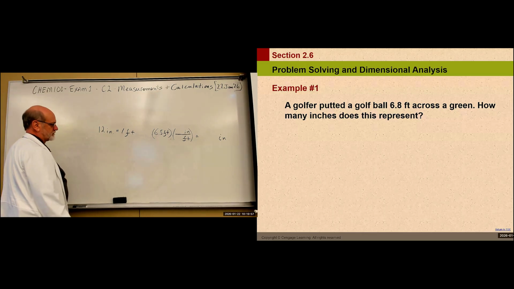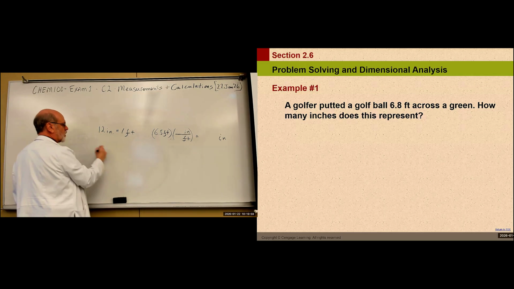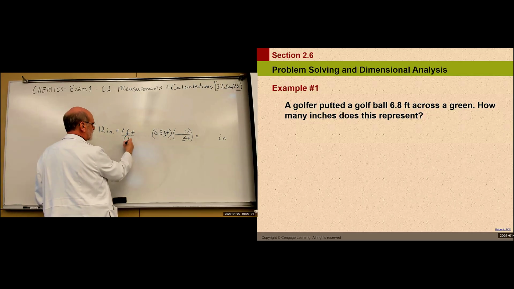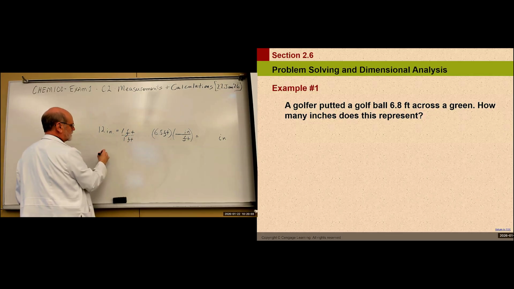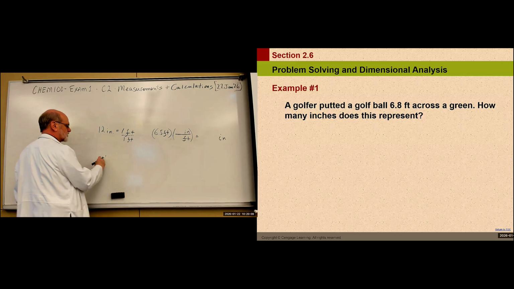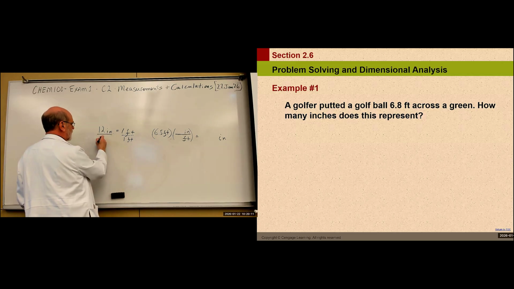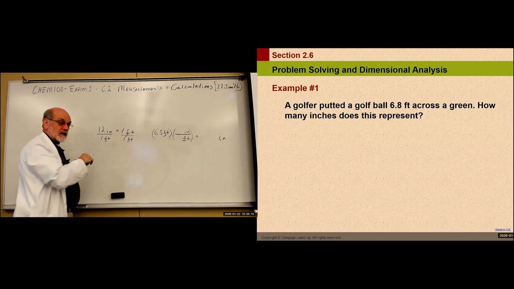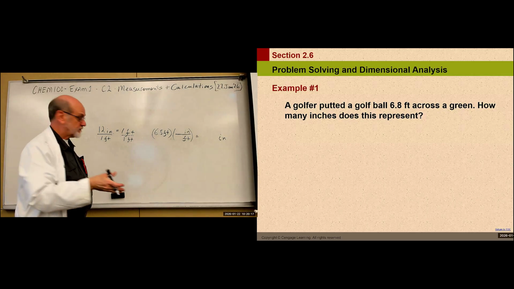So what if we take this equation and divide both sides by, let's see, yeah, that'll work, 1 foot. We divide both sides by the same value. That's allowed in math.